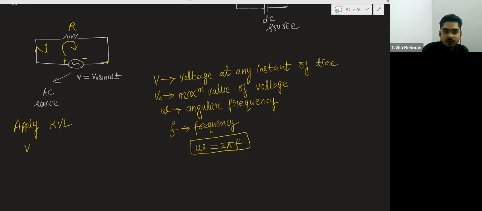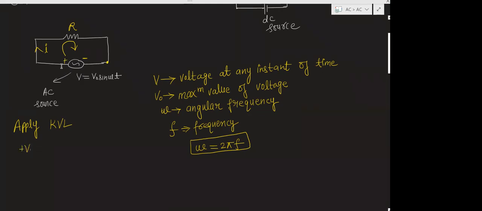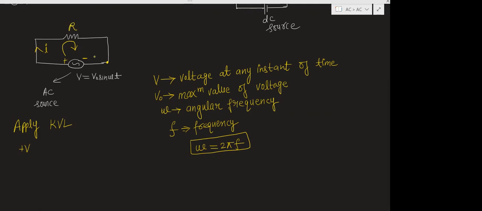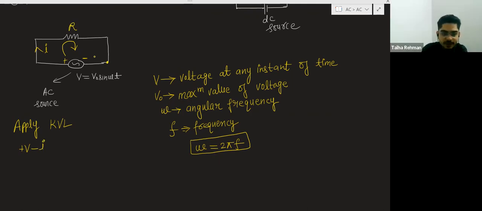Now we have moved, and this is one voltage here, which we have written and taken as positive. Now we are moving like this, and there is no voltage here. Now across this resistance there is another voltage, equal to IR. That voltage is equal to the current in the resistance at any instant of time times the resistance.